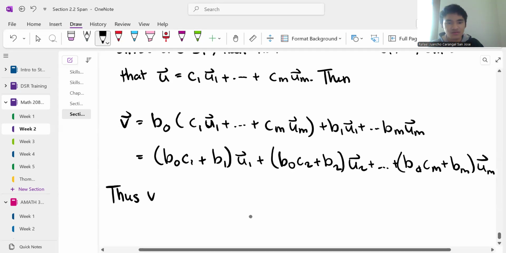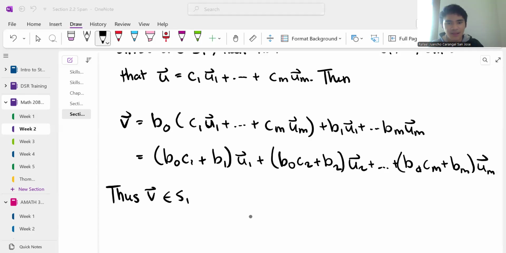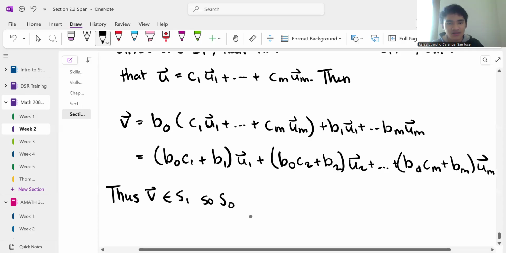Thus, V is part of S1, so S naught is a subset of S sub 1.